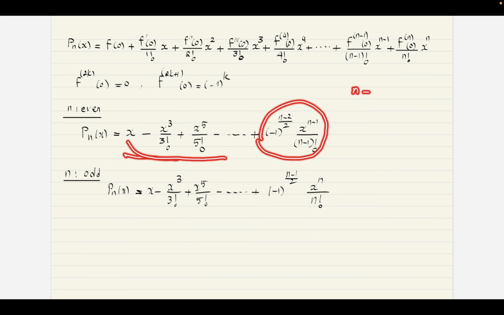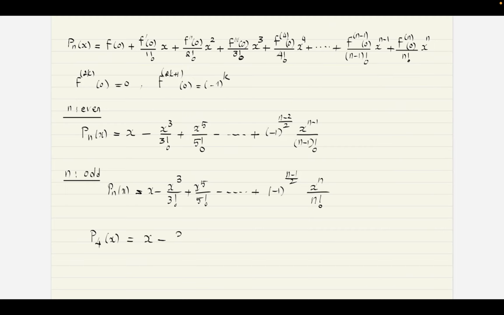But here n is 4, so if I calculate that one, it becomes minus 1 to power 4 minus 2 divided by 2, which is 1, and x to power 3 divided by 3 factorial, so it is this term. So if I write P4 explicitly, it becomes x minus x to power 3 divided by 3 factorial. And that is what you get explicitly.